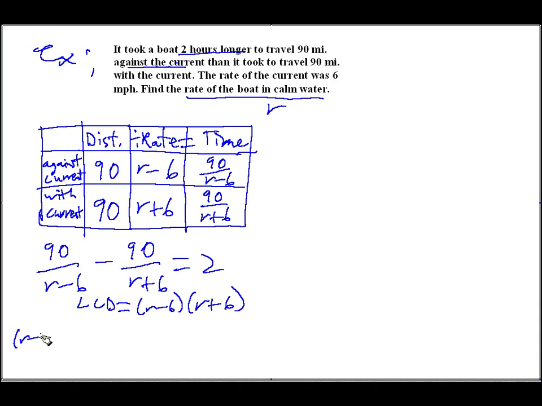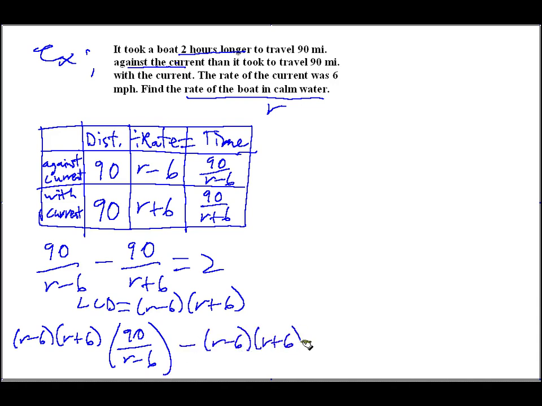So I'm going to have R minus 6, R plus 6, the LCD, times the first fraction, 90 over R minus 6, and then minus R minus 6 times R plus 6, again the LCD, times the second fraction, 90 over R plus 6, equal to 2 times R minus 6, R plus 6, again, that's my LCD. So I'm multiplying the LCD to all three terms here, here, and here.